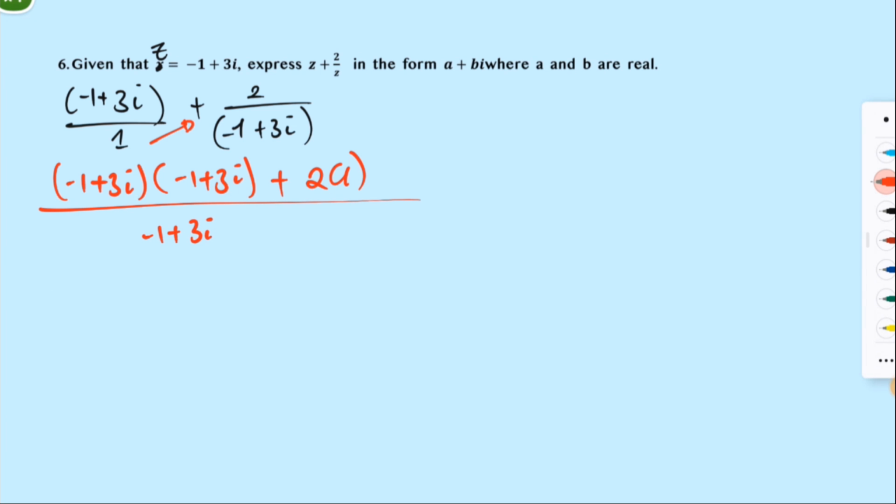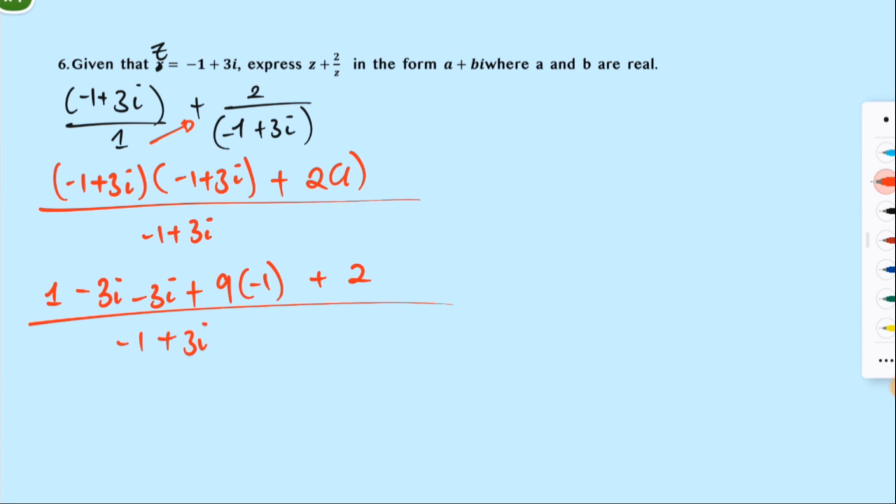Expand the brackets. That will be 1 minus 3i minus 3i plus 9i squared. But keep in mind i squared is the same as negative 1, so we replace that. Plus 2. There we go.